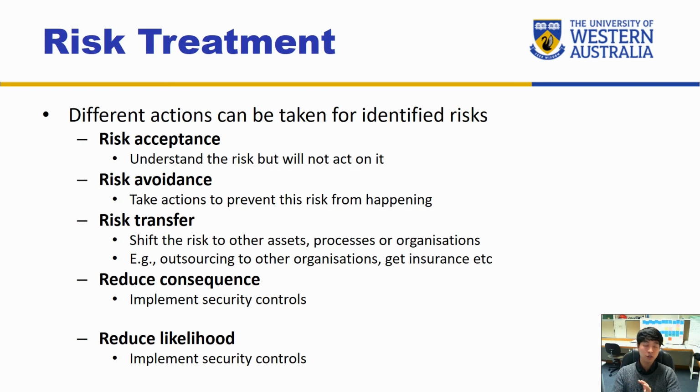Okay, you migrate to Java. Then you are technically trying to get rid of buffer overflow. However, you may end up with other vulnerabilities, but that's what you're trying to do in terms of risk avoidance.